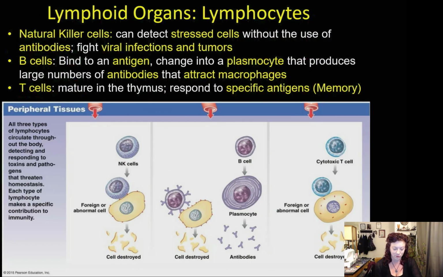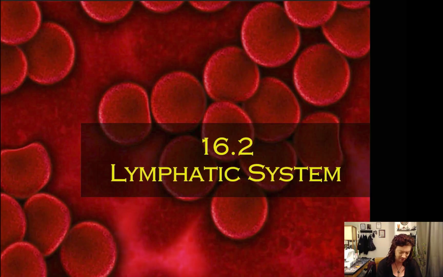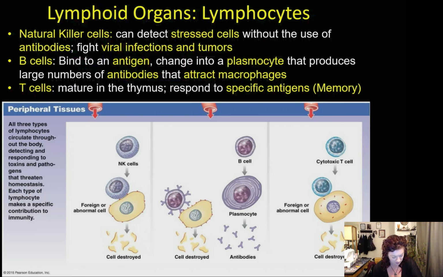What's kind of cool is natural killer cells do not need antibodies in order to locate cells that are infected. They can detect stressed cells without the use of those antibody signals or signs. They do this a couple of different ways. One of them is they can detect if a cell is presenting antigens on its surface.